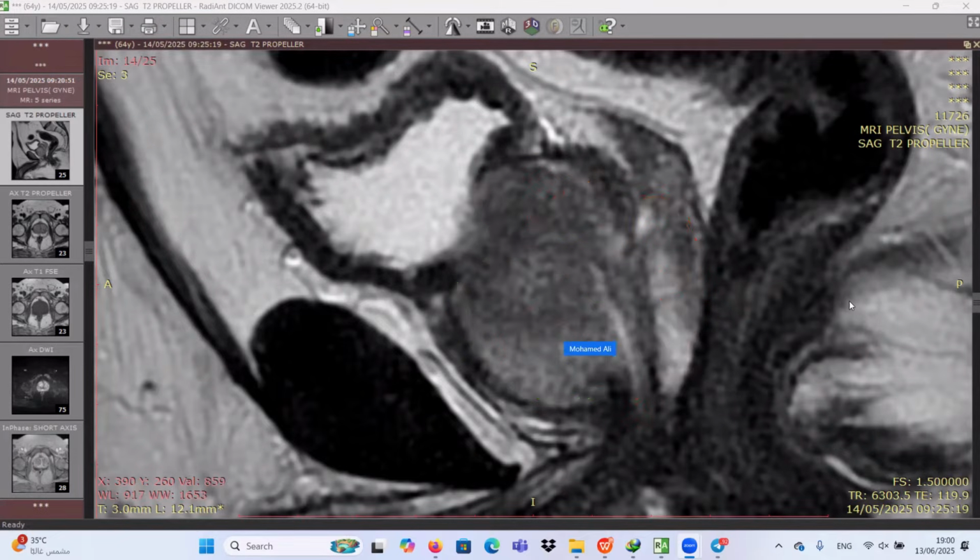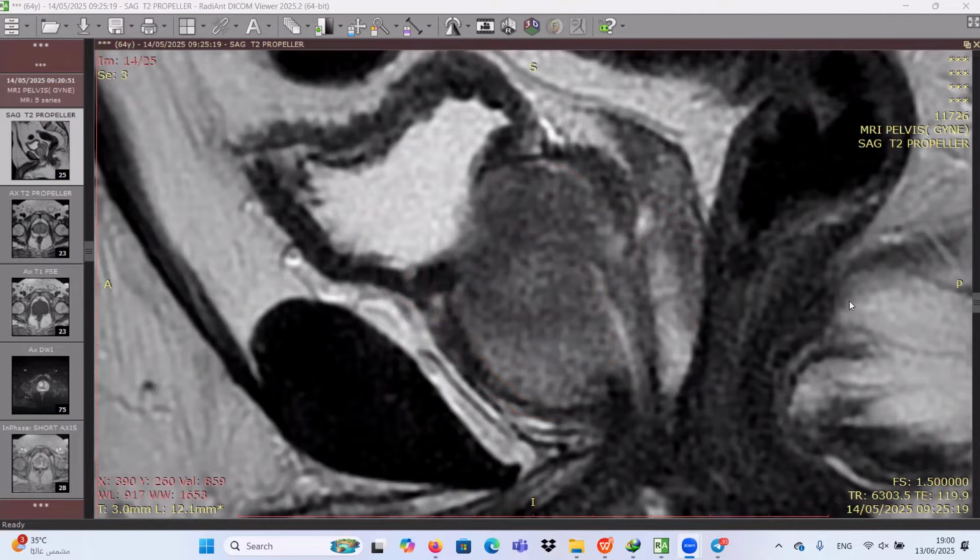The transition zone is located anterior to the urethra. The central zone is superior to the urethra, and the peripheral zone is located posterior to the urethra at the midline. Also, we have here this dark band called the anterior fibromuscular stroma.